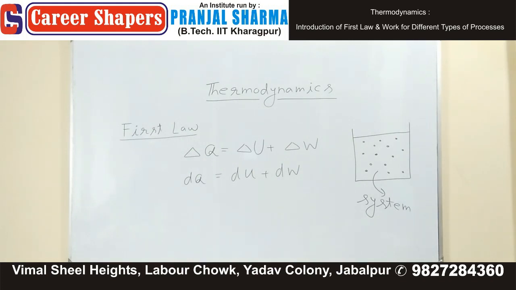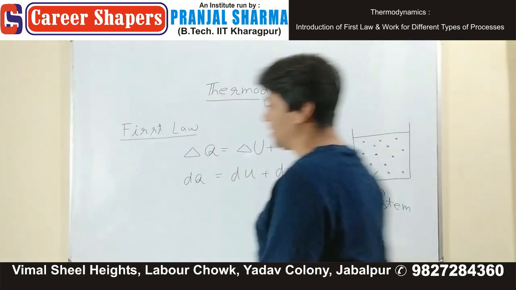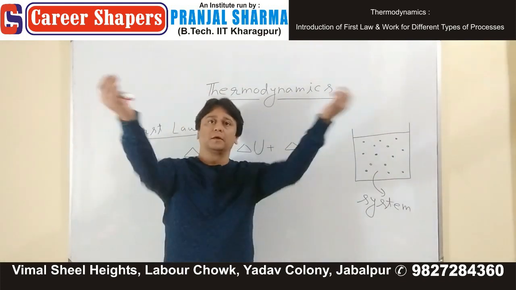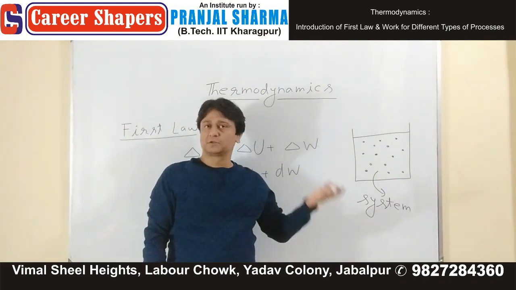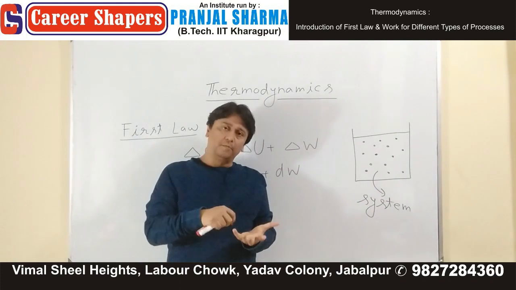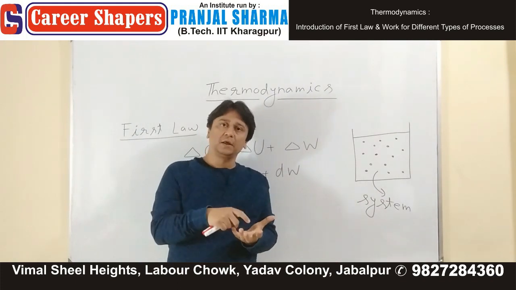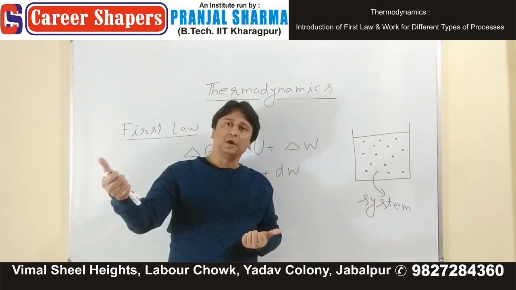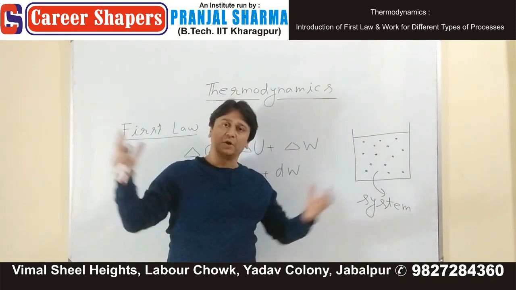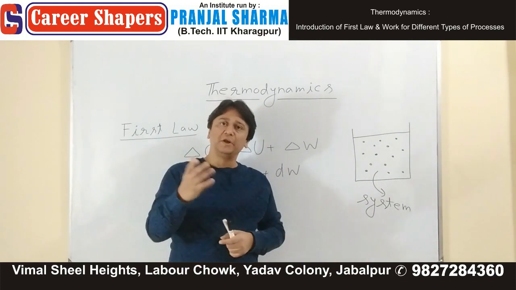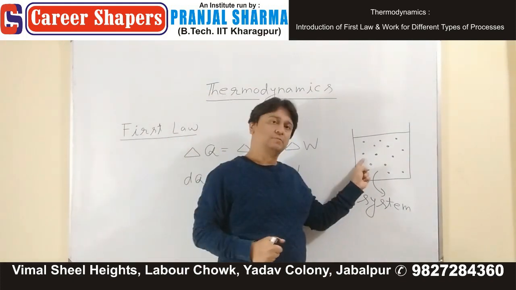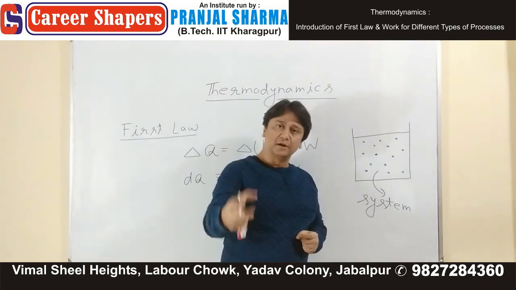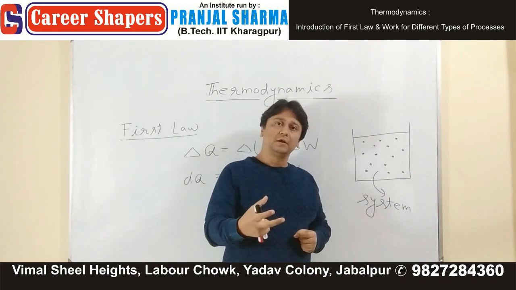Good, almost all the answers are correct. dq will be positive. The cup of tea is hot. From the hot cup of tea, energy is transferred into the air molecules present inside the room. That means the system, the air molecules, are receiving heat energy from that cup of tea.